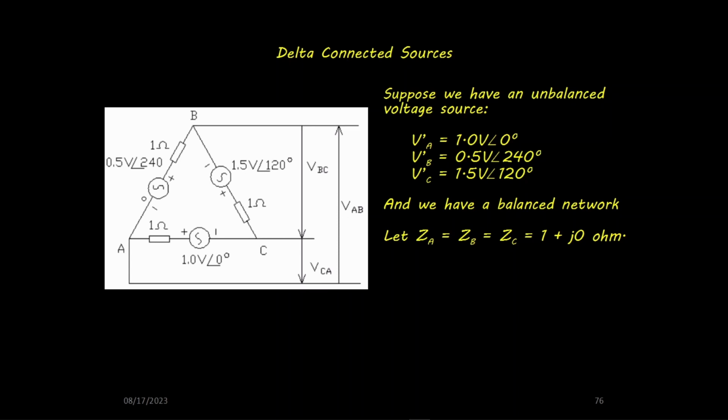Converting the phase voltages to rectangular form, VA equals 1.0 plus j0. VB equals minus 0.25 minus j0.43301. VC equals minus 0.75 plus j1.299.